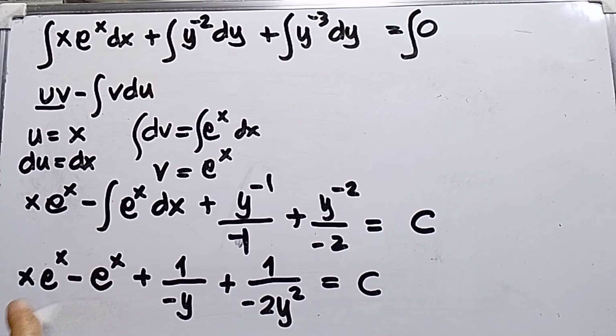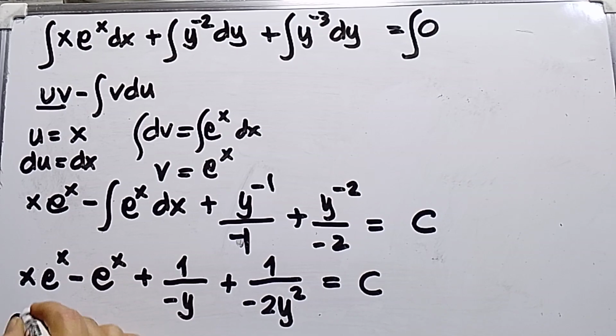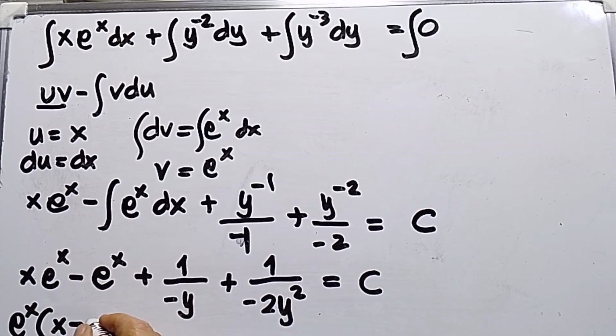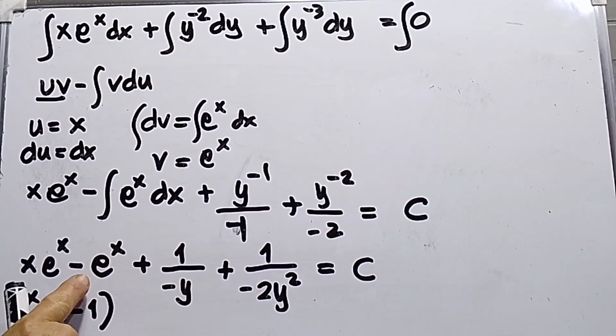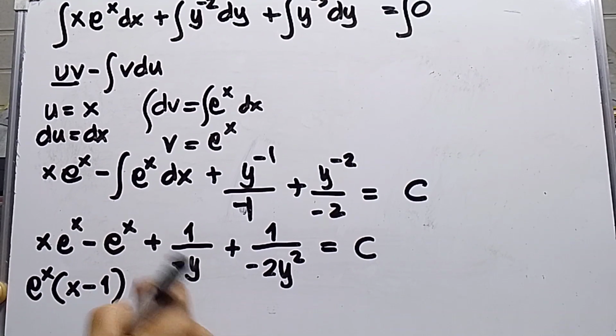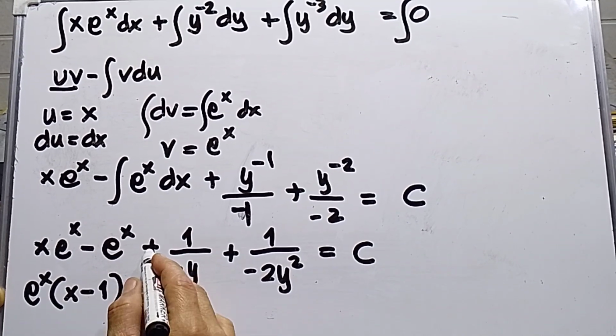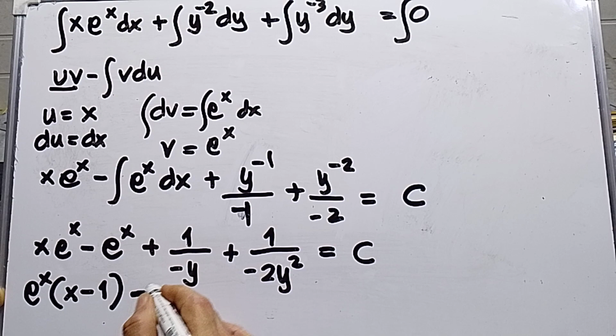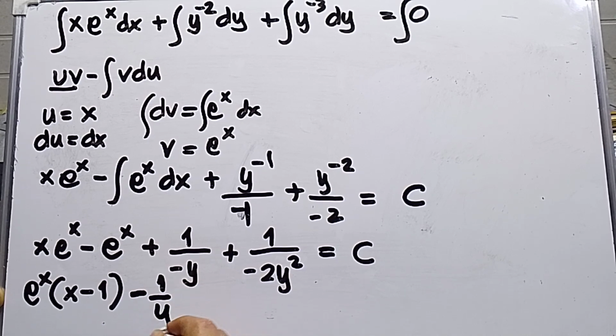Using factoring, the common factor is e to the x. Then I have here x, then minus 1, because e to the x divided by e to the x is 1. And then this one, positive divided by negative, will be negative 1 over y.